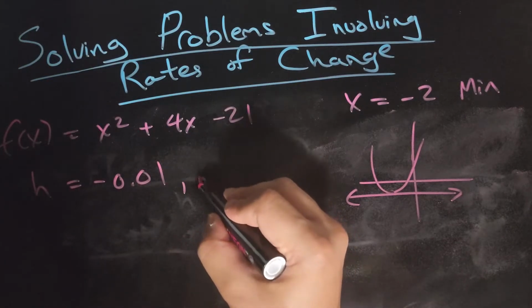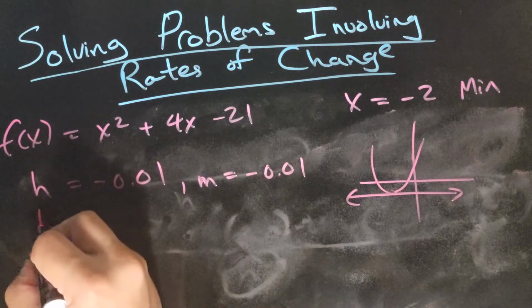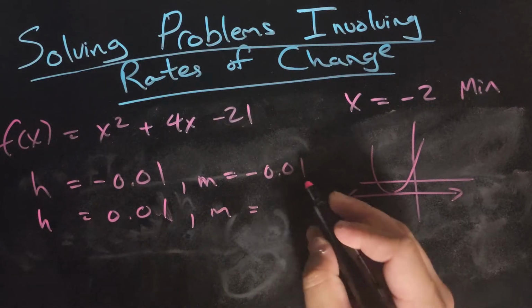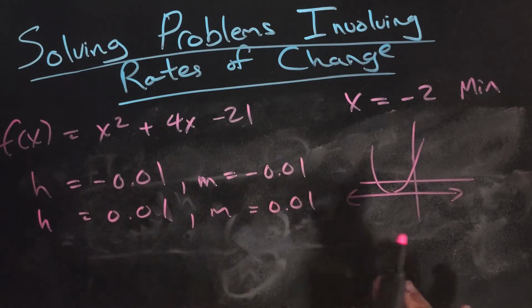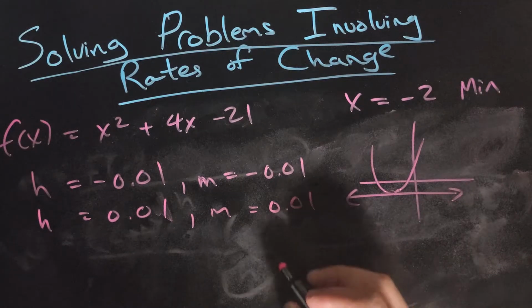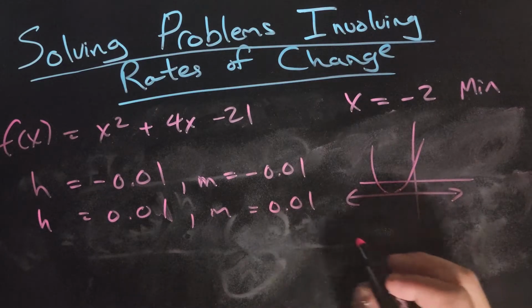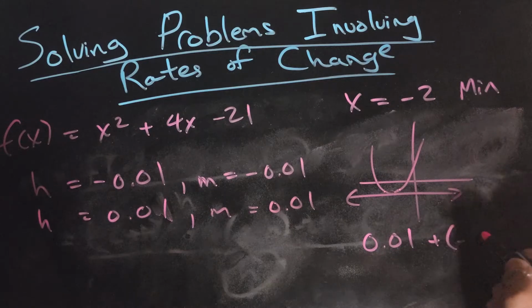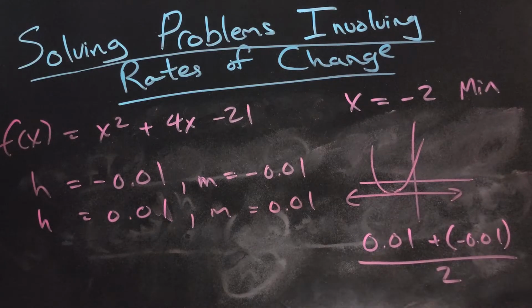It'll actually become the slope at which we're changing it at, and also when we look at these two differences, one here and one here, when we do the delta of the two, say we do the delta of these two rates, so we can have 0.01 plus negative 0.01 over 2.